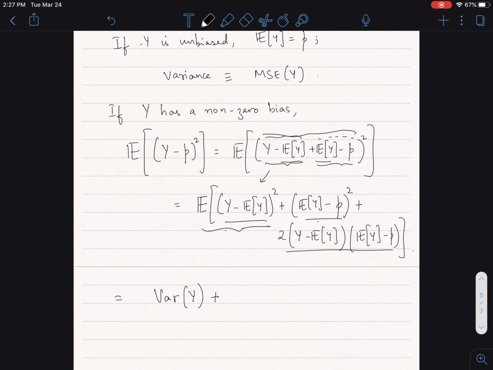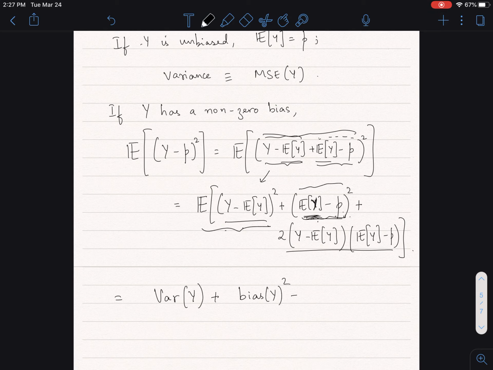And what is this next term? The expected value of y is some fixed quantity, so it does not vary. It's some fixed value minus p whole squared. If you remember, this is exactly the definition of the bias, the expected value minus the parameter of interest. And you have an extra square outside, so it is the bias of y squared.